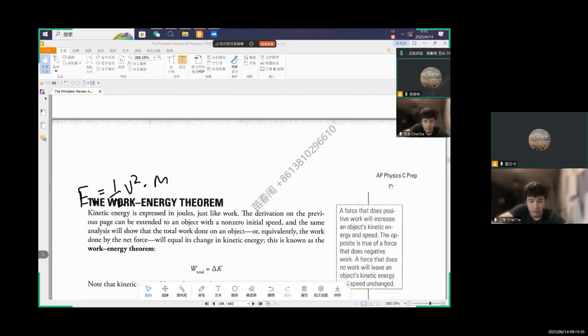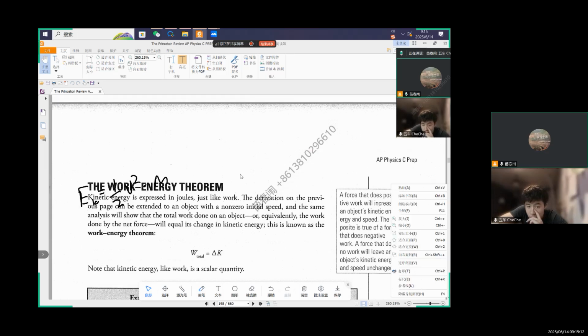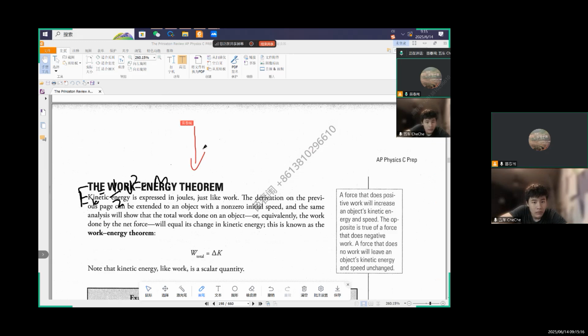And what I just wrote is basically the work energy principle, which means the work you've done, F delta x, equals delta K, the change of kinetic energy.